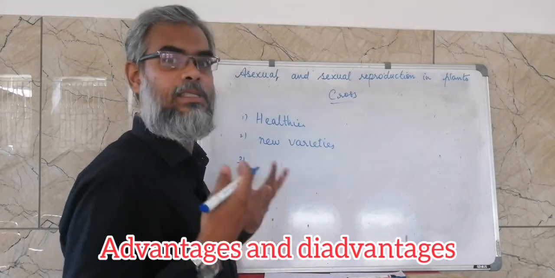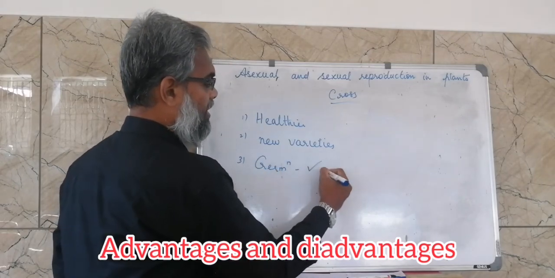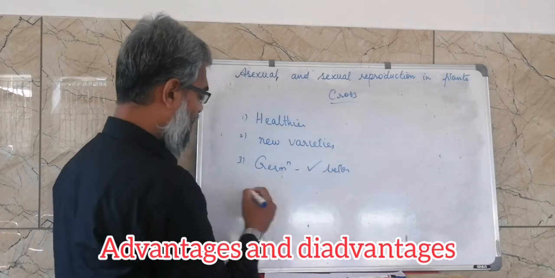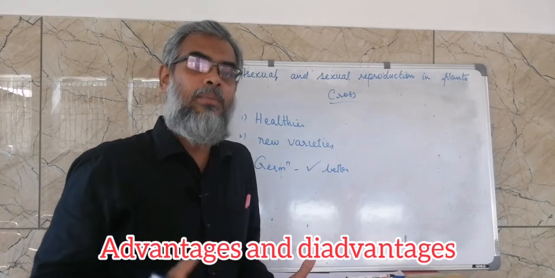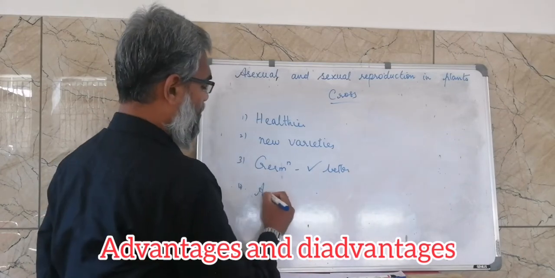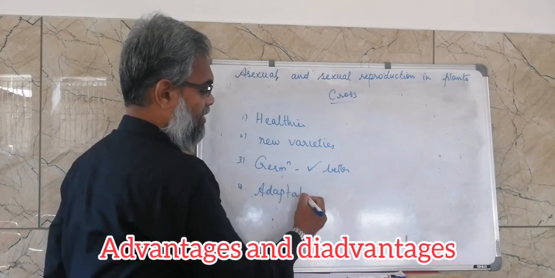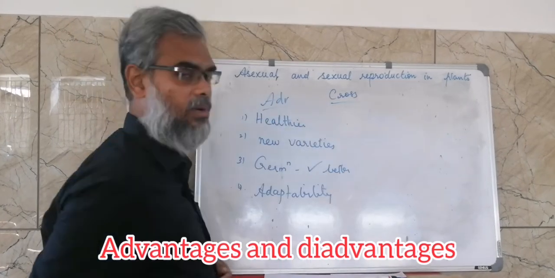Germination capacity is better. Good. And the fourth one, the adaptability. The flower adapts itself to the new environment also. So adaptability is seen. These are the advantages of cross pollination.